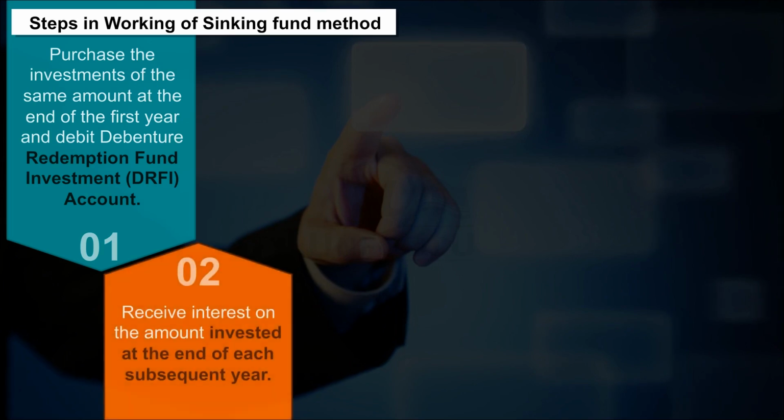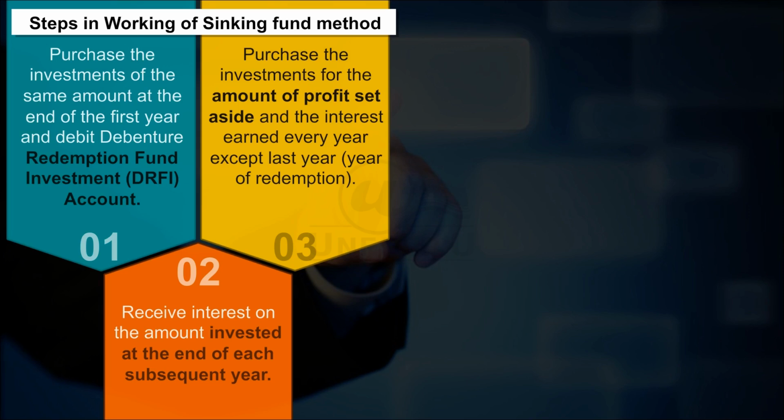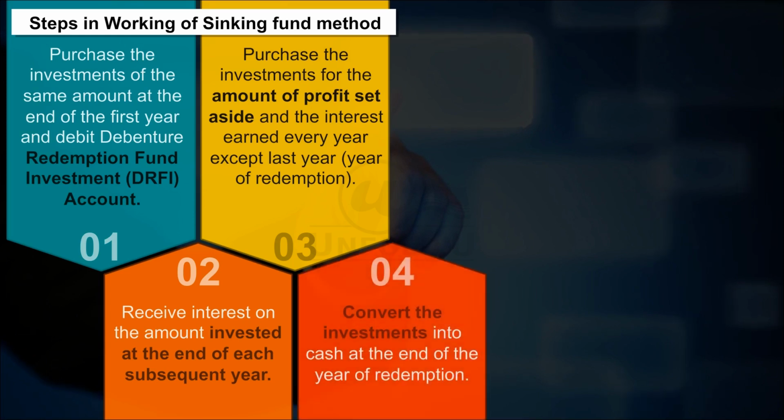Receive interest on the amount invested at the end of each subsequent year. 3. Purchase the investments for the amount of profit set aside and the interest earned every year except the last year, year of redemption. 4. Convert the investments into cash at the end of the year of redemption.